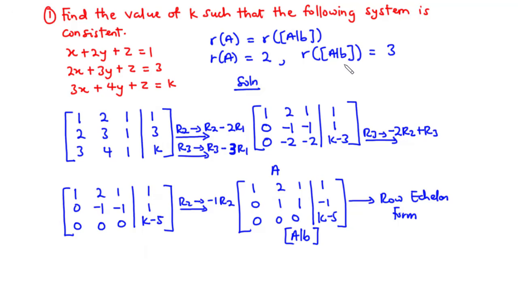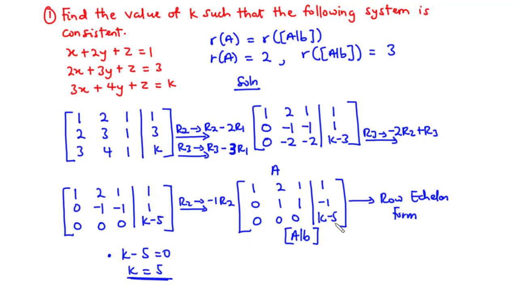So what do you think will be the value of K that will make the system consistent? To find the value of K, we basically equate this to 0. So we have K minus 5 equals 0, and then K is equal to 5. So we say that the value of K that will make the system consistent is equal to 5.